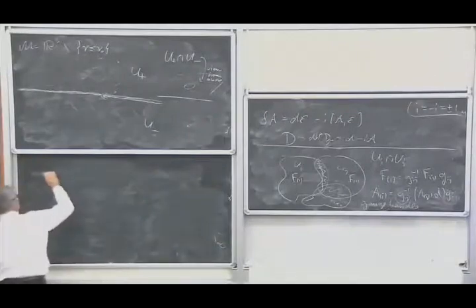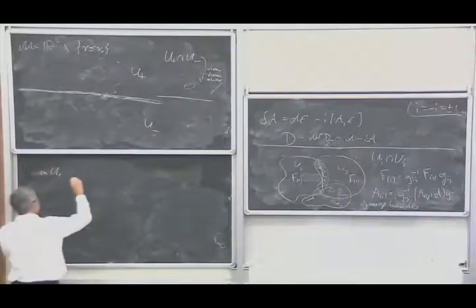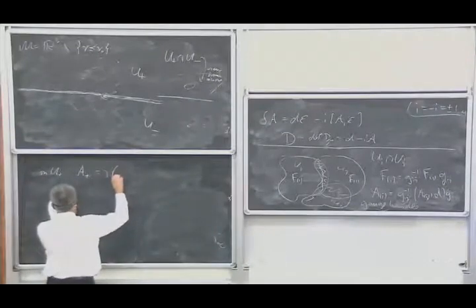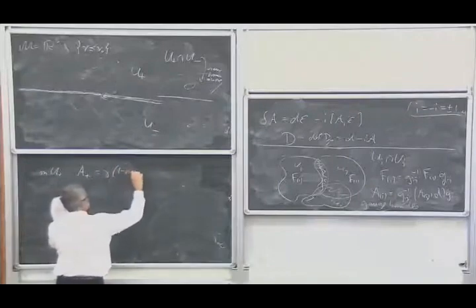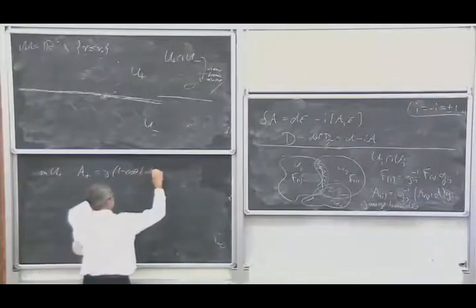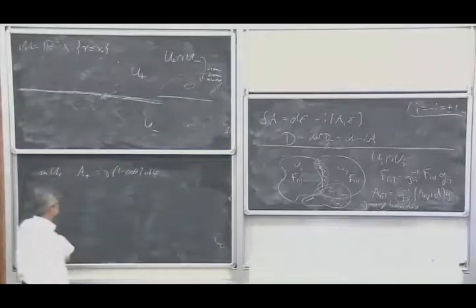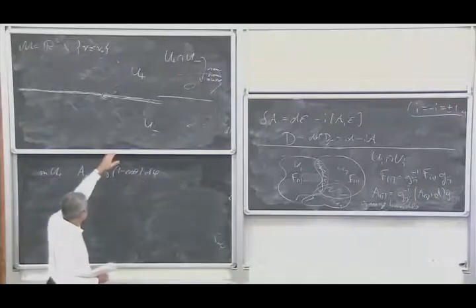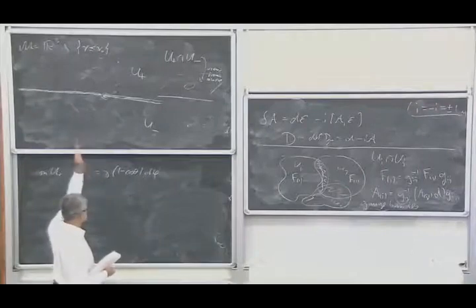Okay, so on U plus, I have a gauge connection A plus, which is gamma (1 minus cosine theta) d phi. Now again, d phi is ill-defined for theta equals 0, so on the z-axis.